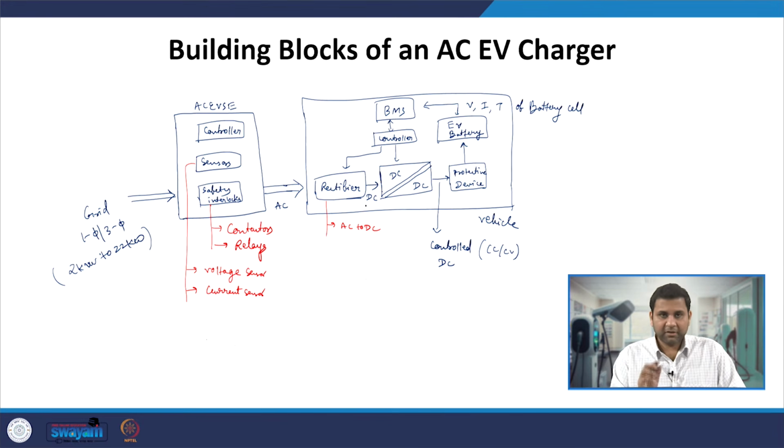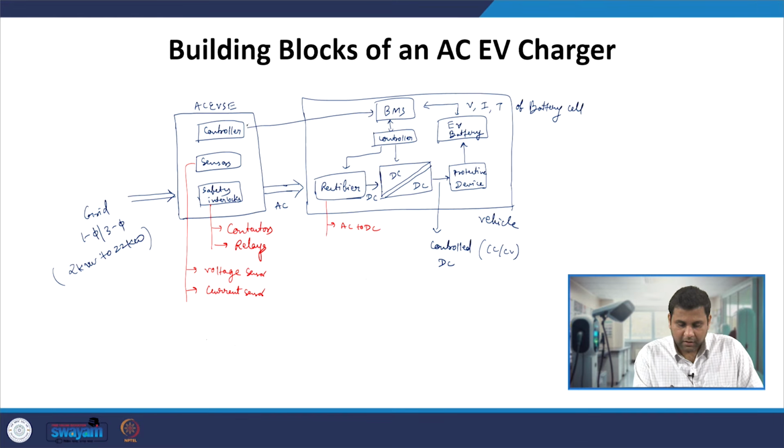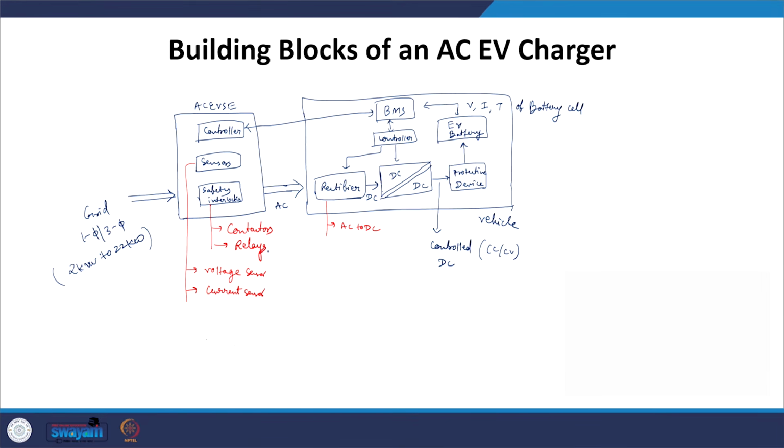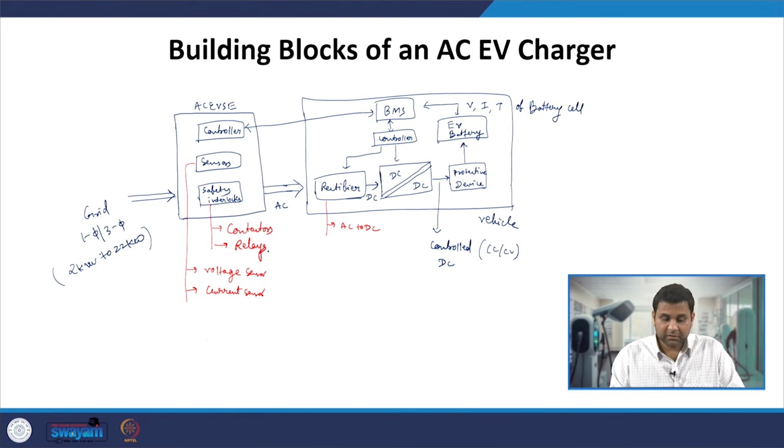This battery management system will also be communicating with the controller inside the AC EVSE via a dedicated communication channel, or you can say a dedicated communication pin, present in the connector which gets plugged into the EV.